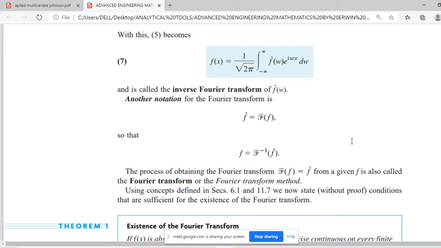This is root 2 pi into 1 by root 2 pi into integral minus infinity to infinity f cap of w e raised to iwx.